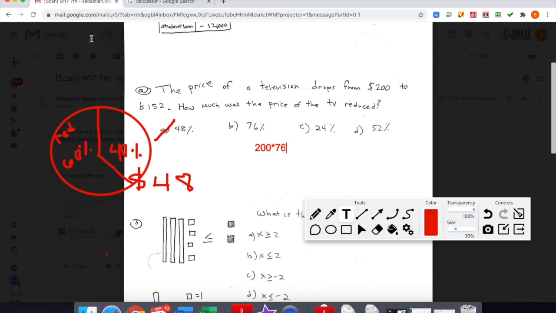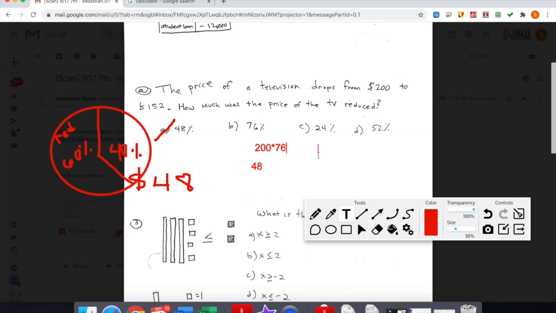Once again, most students will think that this is the correct answer because it says 152. But that's not how much it was reduced. That's how much that person is paying. So that's saying that person paid $152. This would be saying it was reduced by $152, which would leave them paying $48. But we know they were left paying $152. So that's the incorrect answer.